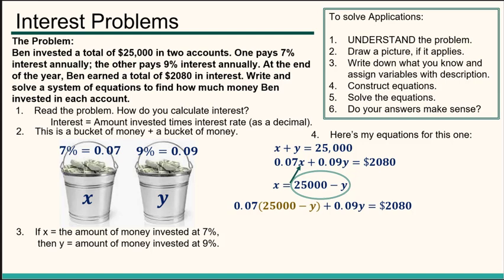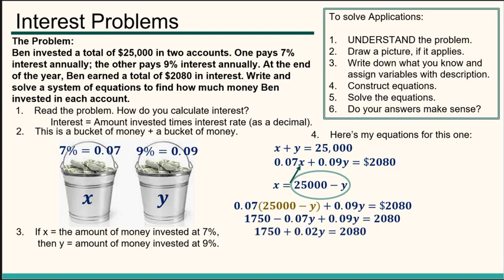Now I'm going to distribute that 0.07, multiplying it times the 25,000, and I'll get 1,750 minus 0.07y plus 0.09y equals 2,080.